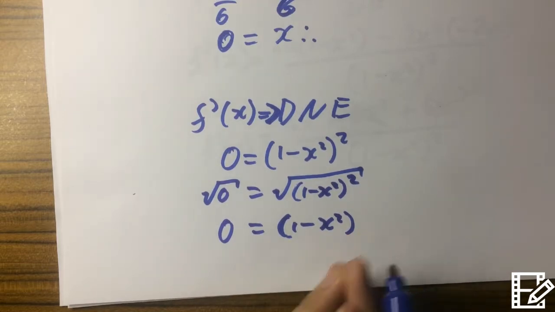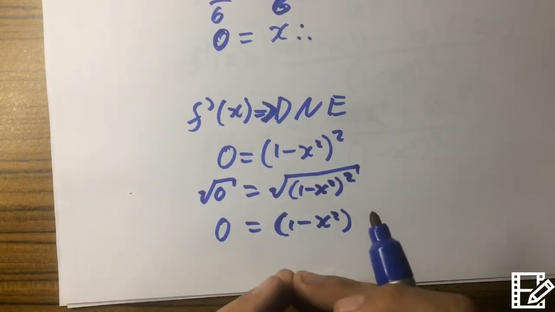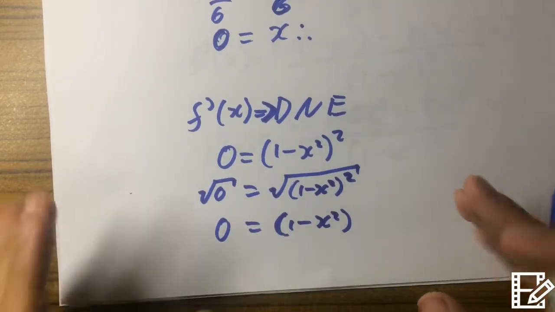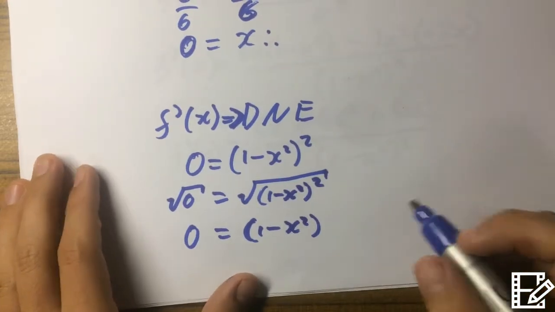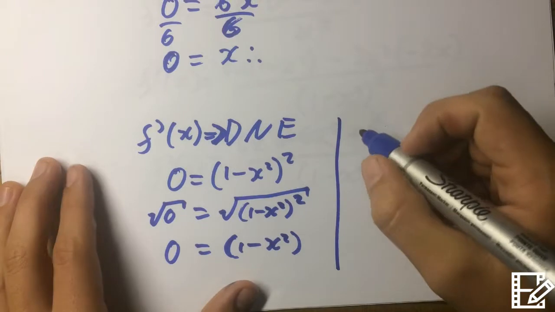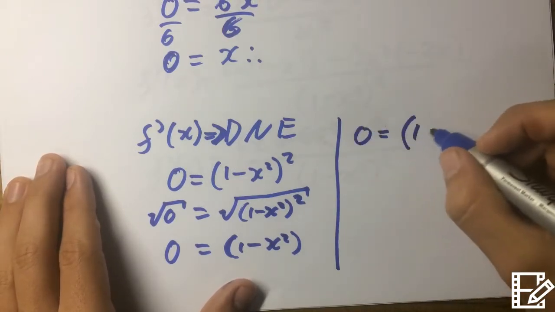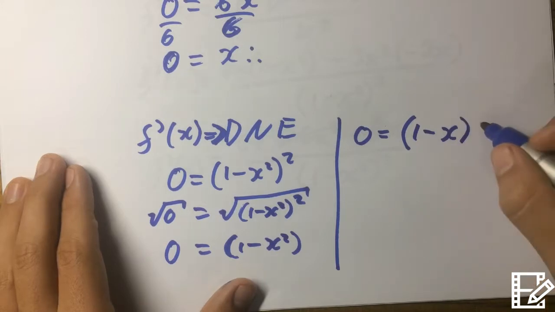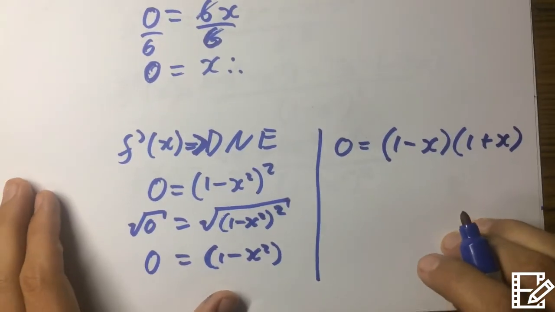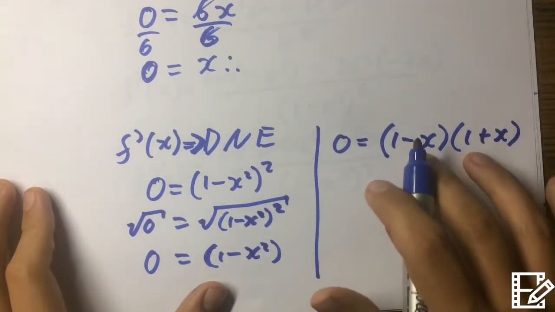Okay? So what I'm going to do now is split it up, and it's going to look like this. I'm going to make it look like 0 equals (1 minus x)(1 plus x). Now, that equals this.